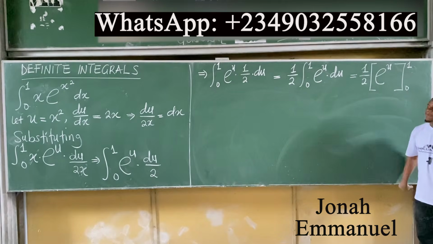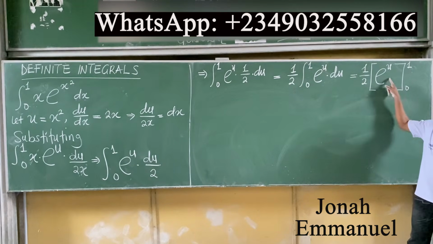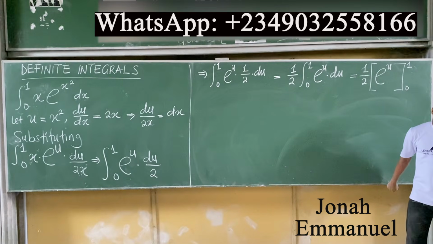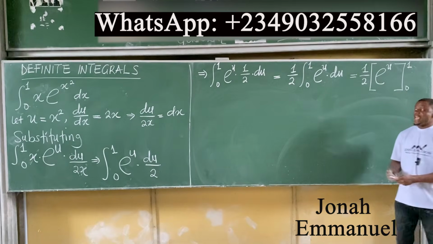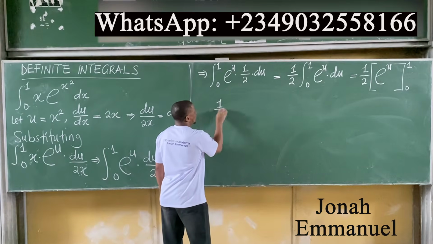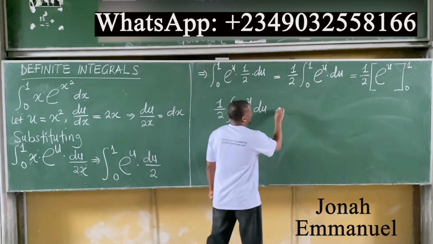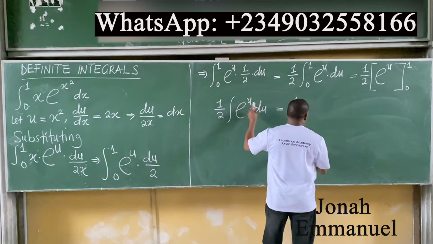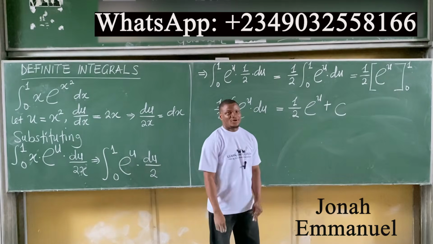But we know that whenever I do integration, I usually have a plus c. So why did I not include plus c? When it comes to definite integrals, the plus c concept is useless because it will cancel. So assuming this was my normal integration where I had 1/2 integral of exponential u du, this would have been equal to 1/2 times the integral of exponential u, which is exponential u plus c.